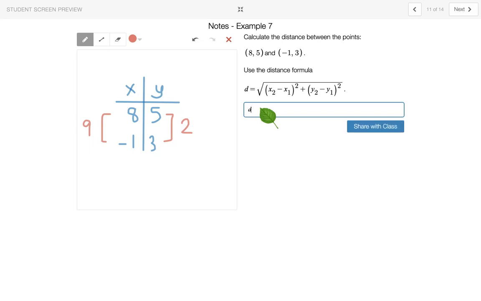So that means that the distance equals the square root of 9 squared plus 2 squared, which is 9.2 to the nearest tenths place. And if we were to write this out, this would be the square root of 85, which is approximately 9.2.